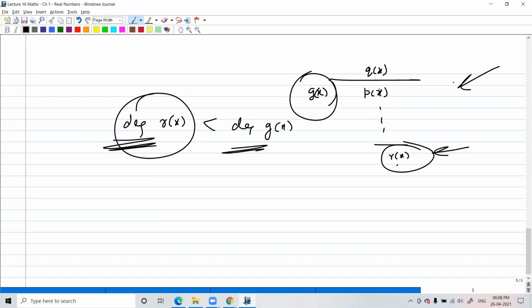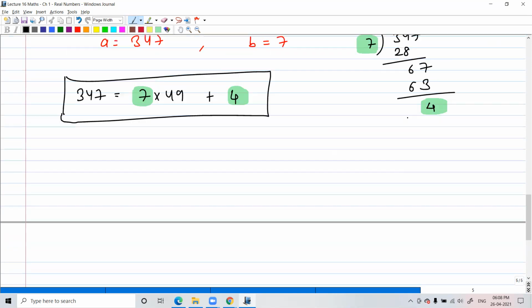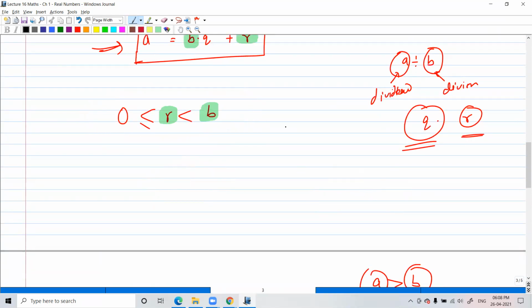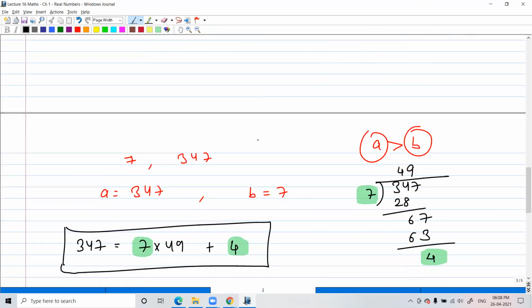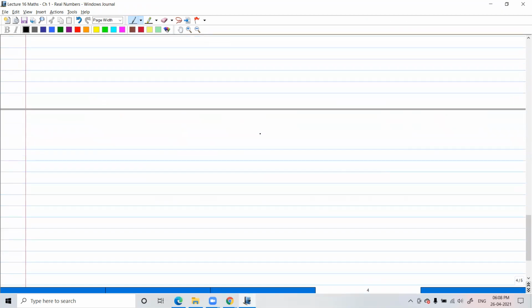So there also we have that rule, but in terms of degree, while in terms of numbers we have it in terms of value itself. The value of the remainder is always less than the divisor. Make sense, everyone? Sir. All right. So that's what Euclid's division lemma is. Very simple idea, which you already knew, but it's just written in words.